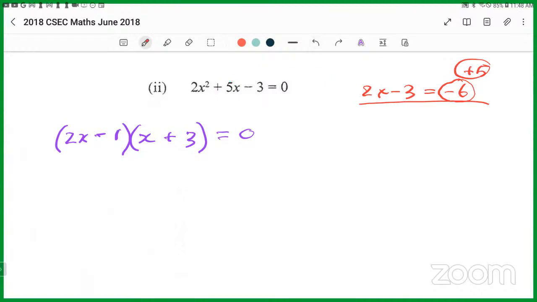So for factors of a negative number, one must be positive and one must be negative. I'm going to give the larger one the same sign as the 5. The factors of 6 are 1 and 6, and the larger one has the same sign as that. So make this one positive and this one negative. So 6 and minus 1 is a positive 5. So we've found it already.